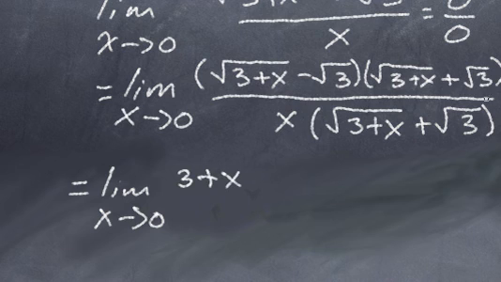Square root of 3 plus x times square root of 3, and then the negative square root of 3 times the square root of 3 plus x. So those two terms are going to cancel out because one of them is positive and one's negative. And then your last terms, negative square root of 3 times positive square root of 3, is just going to give us a negative 3.